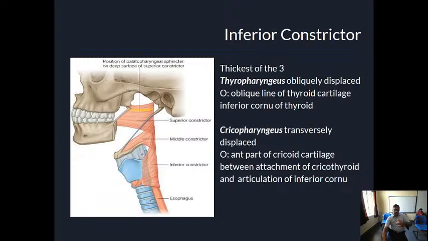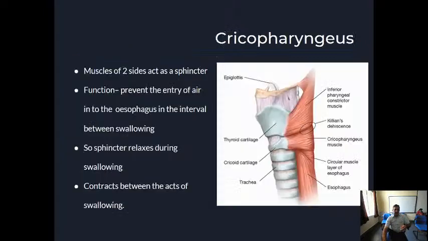So that is in brief about the constrictor muscles, and let us see. This is the inferior constrictor muscle, which forms the thyropharyngeus and the cricopharyngeus, which is the cricopharyngeal sphincter, where the hypopharynx ends and the esophagus starts.